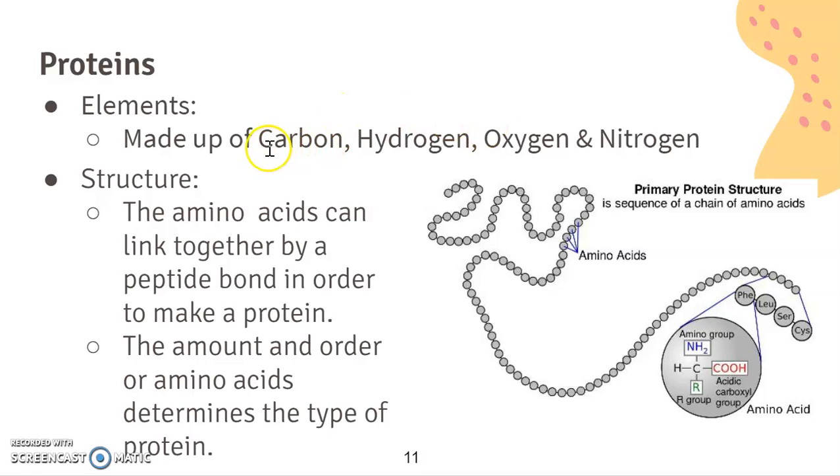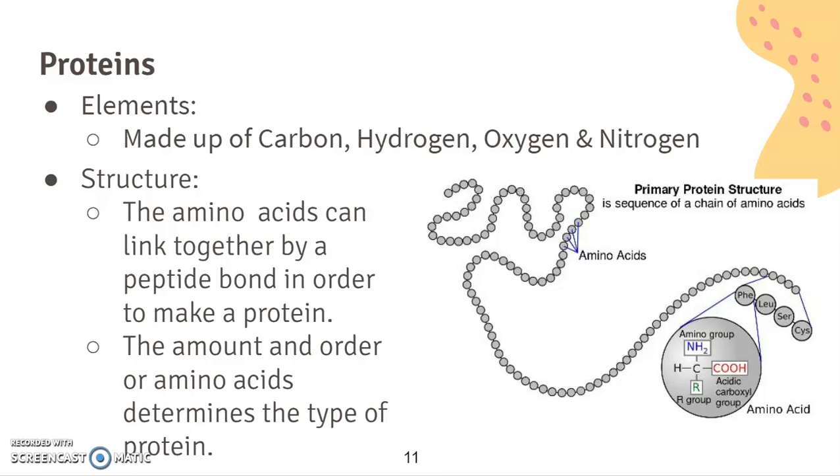In carbs, we had carbon, hydrogen, and oxygen. In nucleic acids, we had carbon, hydrogen, oxygen, nitrogen, and phosphorus. But for proteins, we're going to take out that phosphorus. So we've got carbon, hydrogen, oxygen, and nitrogen. Those are the elements that make them up.